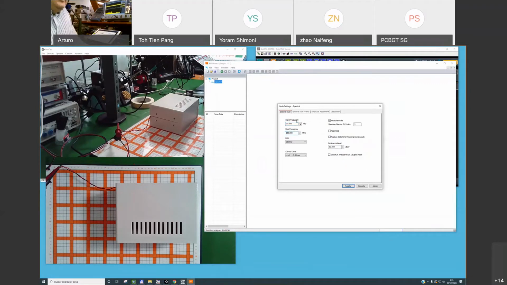This is the frequency range I am going to scan with a resolution bandwidth of, perhaps, 300 kilohertz. That means if you increase the resolution bandwidth, you will have less resolution in frequency, but the analysis will be faster.